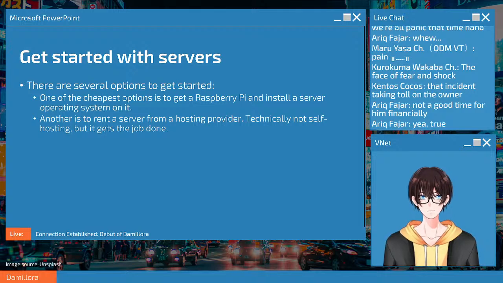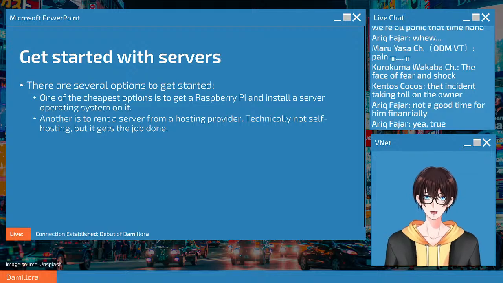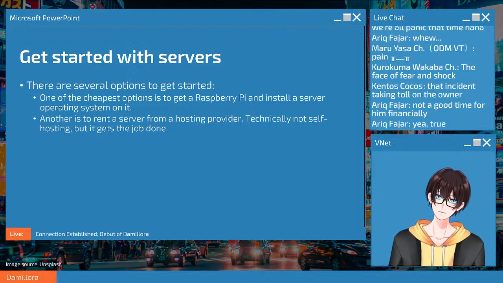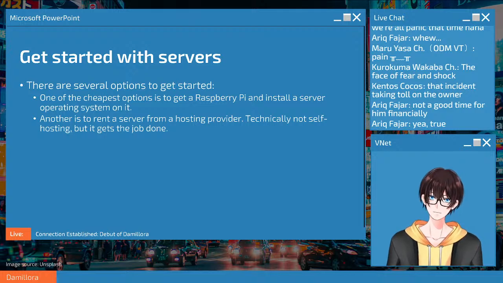And another is to rent a server from a hosting provider. While it probably does not count as true self-hosting, it gets the job done and it's the next best thing, rather than, for example, just using Gmail or Google Drive.